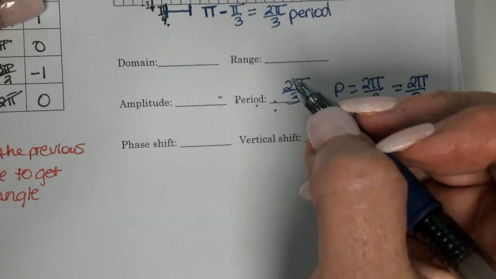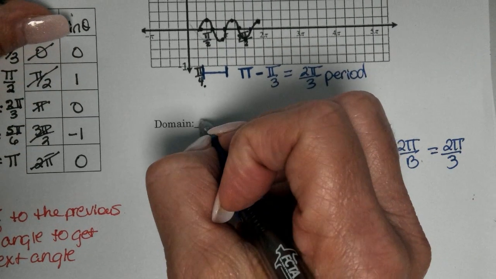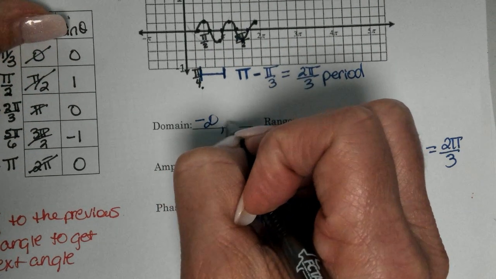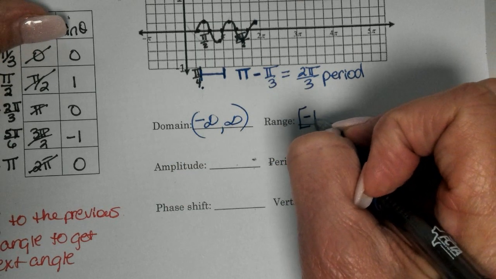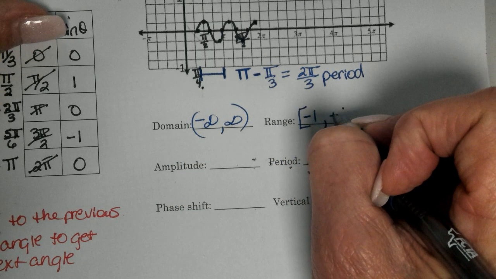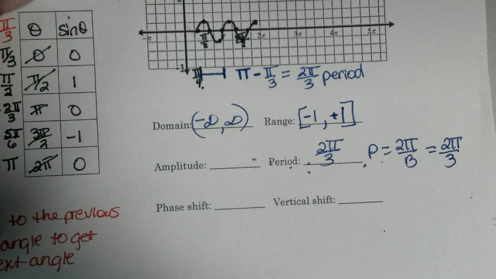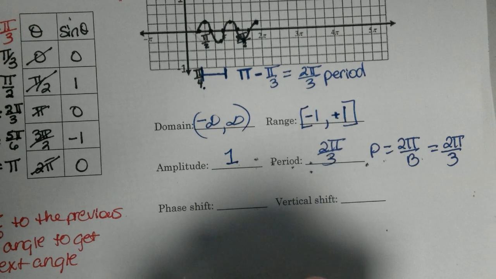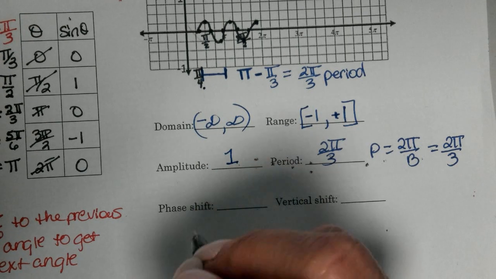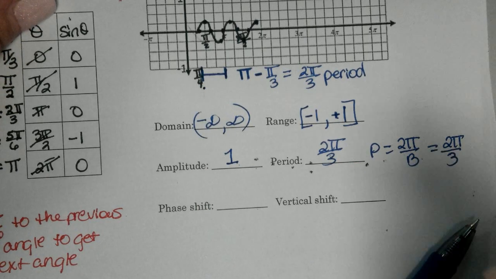Our domain did not change. Our domain is still all real numbers, negative infinity to positive infinity. Our range did not change. It still goes from negative 1 to positive 1. And our amplitude is still 1. Vertically, nothing changed. Notice, though, we shifted right here.